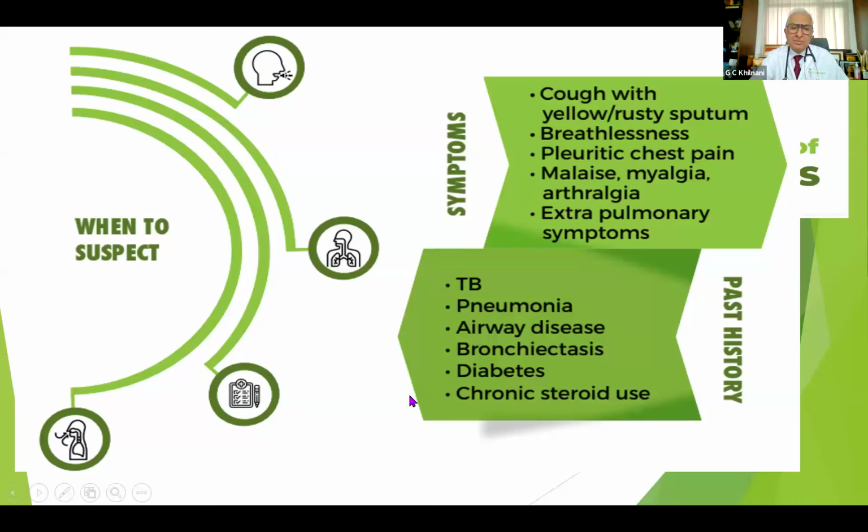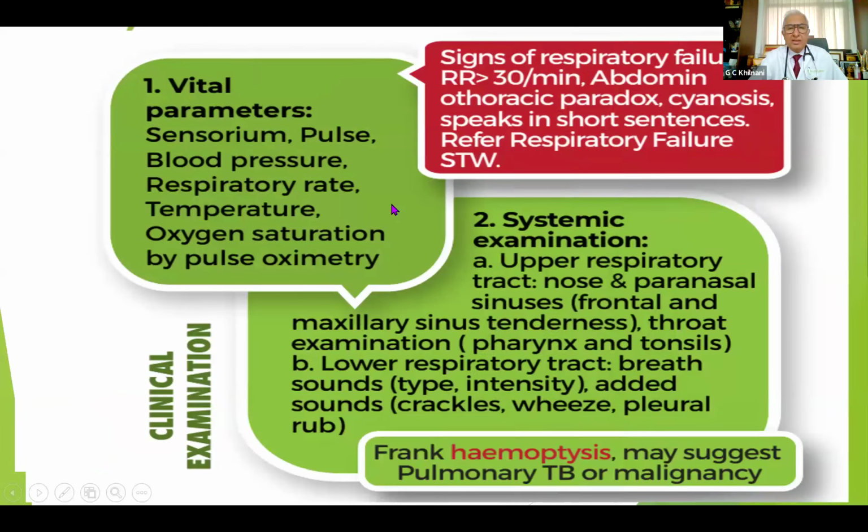At the same time, it is important to ask about previous illness of tuberculosis, pneumonia, airway disease like asthma, bronchiectasis, diabetes, and steroid use. Now, as soon as the patient comes, it is very important to find out whether this patient can be managed in your outpatient setting or whether the patient is in respiratory failure and must be referred to a higher center for emergency care.